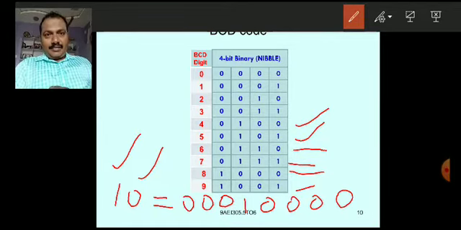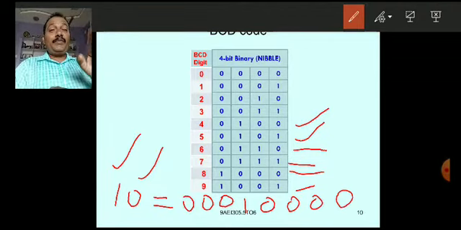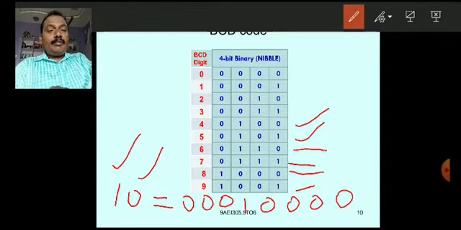After 9, 10 means you should not write binary number 1010. It is BCD code, 8421 code. It has codes from 0 to 9 only. That's all. Hence this is the BCD code. You have to write it clearly.